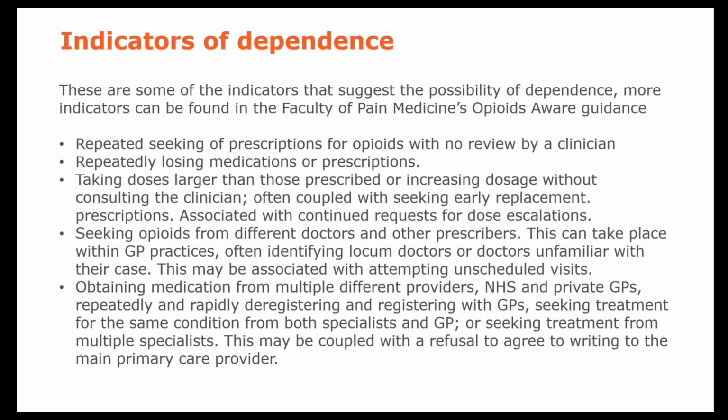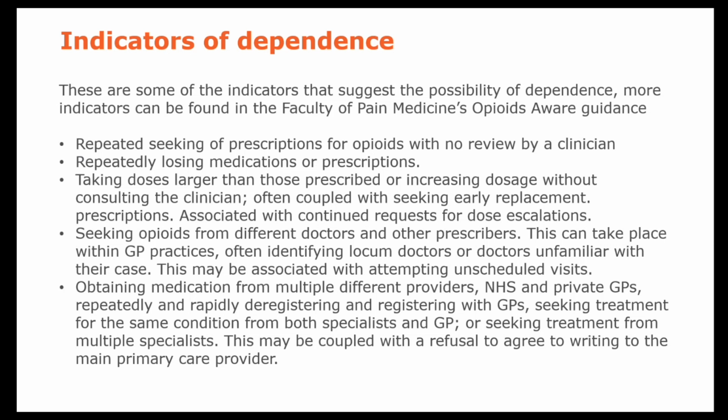Seeking opioids from different doctors and other prescribers. This can take place within GP practices, often identifying locum doctors or doctors who are unfamiliar with their case. And this may also be associated with attempting unscheduled visits.